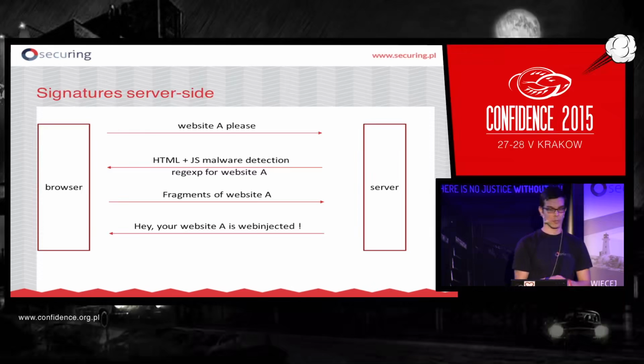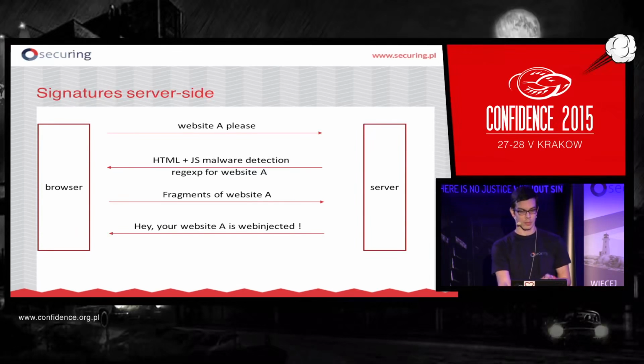Speaking about signatures, we found two approaches, signatures server-side and client-side. How do signatures server-side work? So basically, the user requested some site. He navigated to his banking site, and he got all the HTML, JavaScript, CSS files.